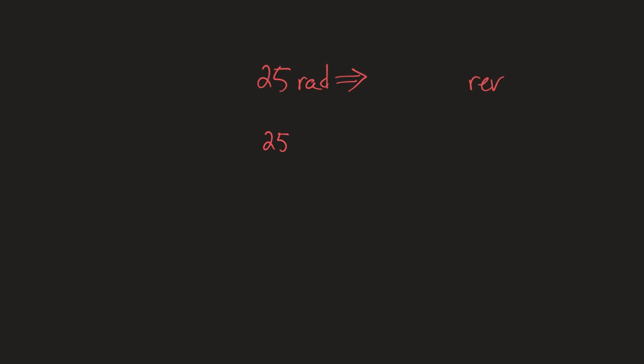I'm going to go so far as to tell you the conversion fact. 1 revolution is 2 pi radians. So I want everybody holding a calculator right now, and I want you to get the answer in your calculator and just turn your calculator over.